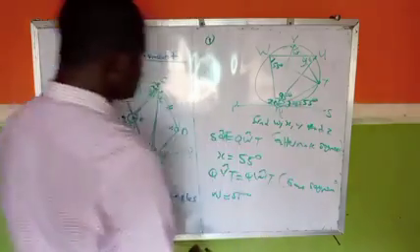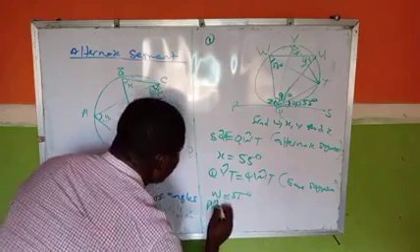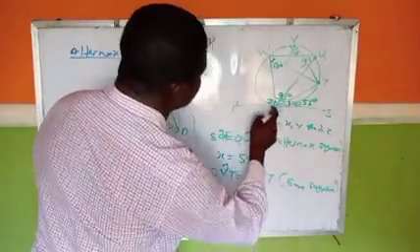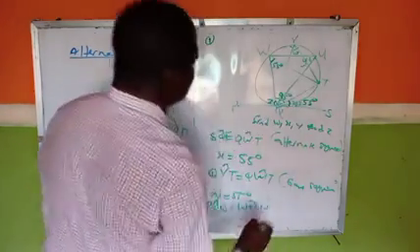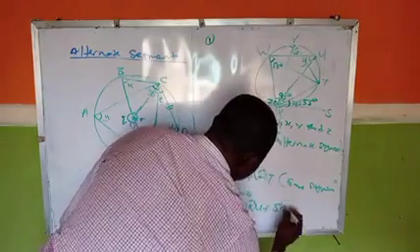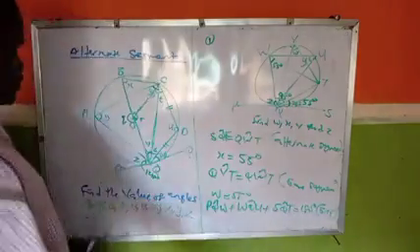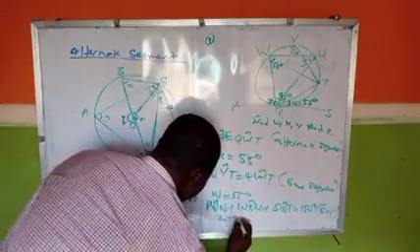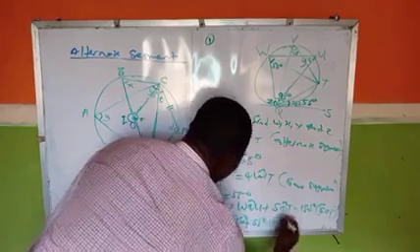This is Z. So you can simply put it that angle PQW plus angle WQU plus angle SQT equals 180 degrees. That's the sum of angles on a straight line. Therefore, Z plus 95 degrees plus 55 degrees equals 180 degrees.